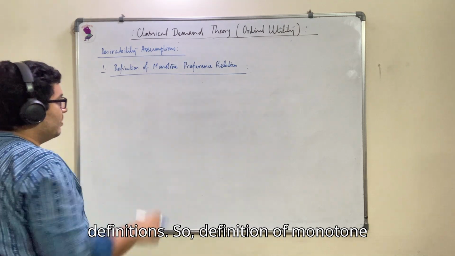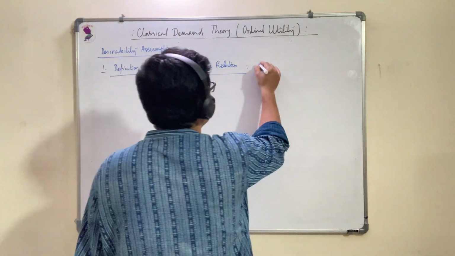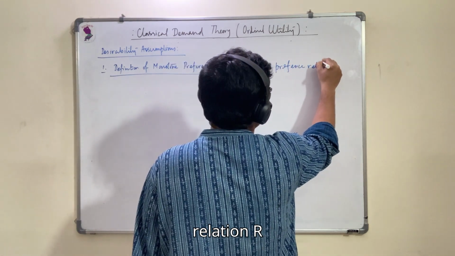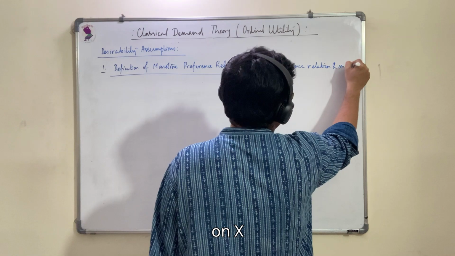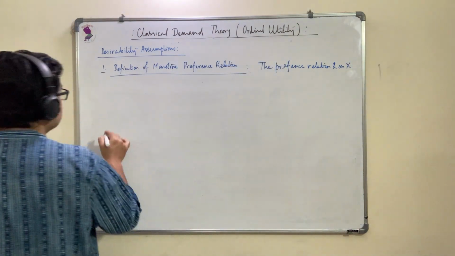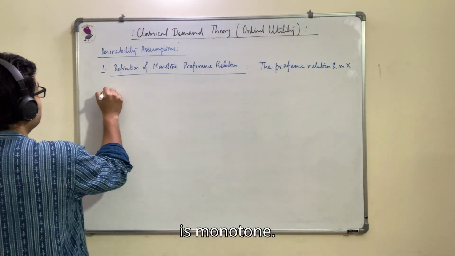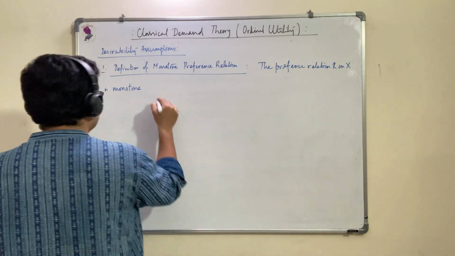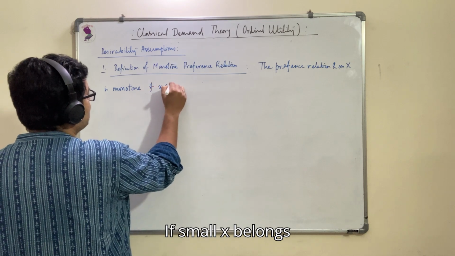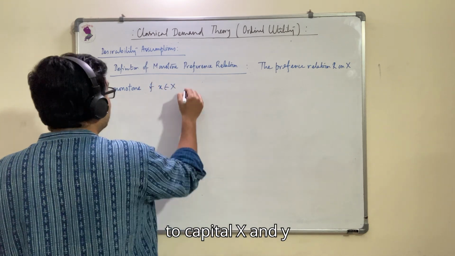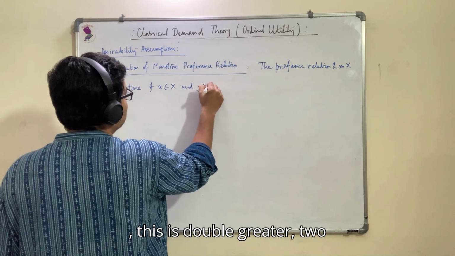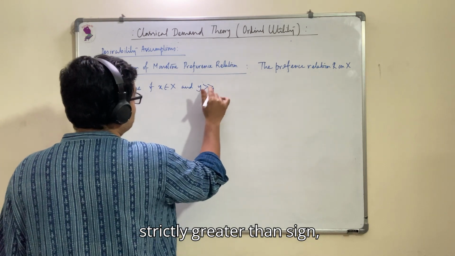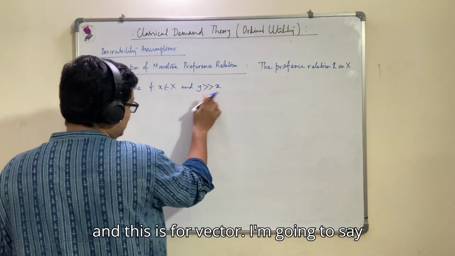So, definition of monotone preference relation. The preference relation R on X is monotone if x belongs to capital X and y is double greater, that is strictly greater than x, and this is for vectors.